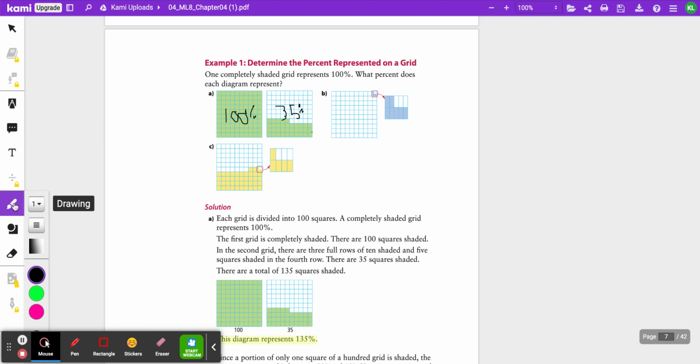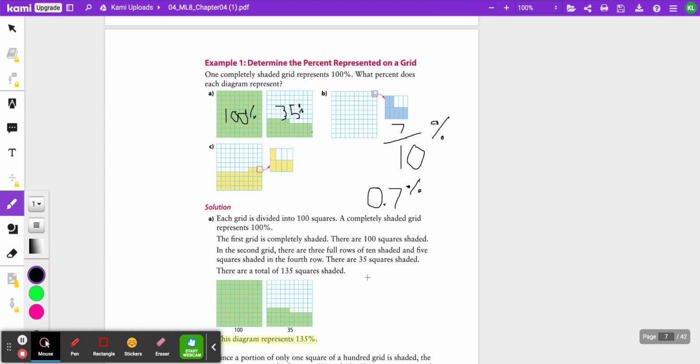There are 10 squares that make up the whole, and I have 7 shaded in. This is 7/10 of a percent, or as a decimal, 0.7. It's 7 out of 10, 0.7%.